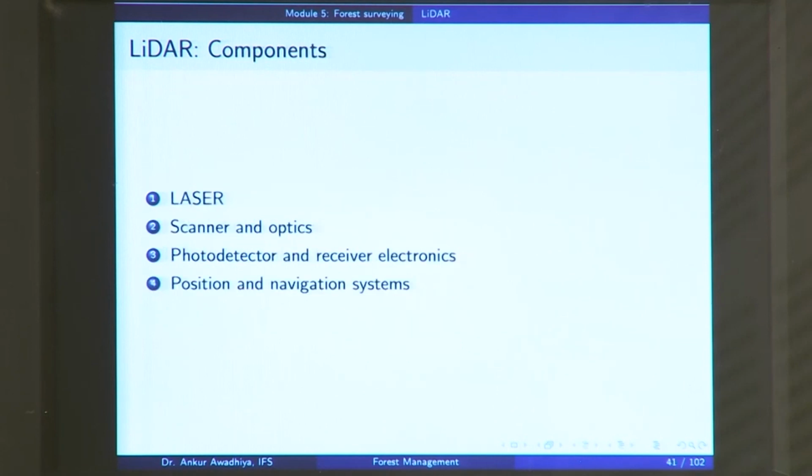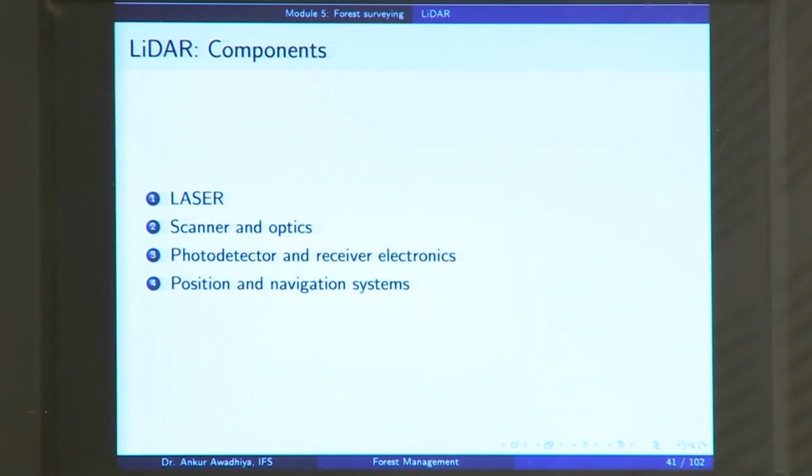Now, LiDAR comprises several components. The first and the most important one is the laser, then you have a scanner and the optics, then you have a photodetector and receiver electronics, and positional and navigational systems. So, essentially the first component is the laser, and you need to decide which wavelength of laser you are going to use. Then you have the scanner and the optics that are used to position this laser onto the ground.